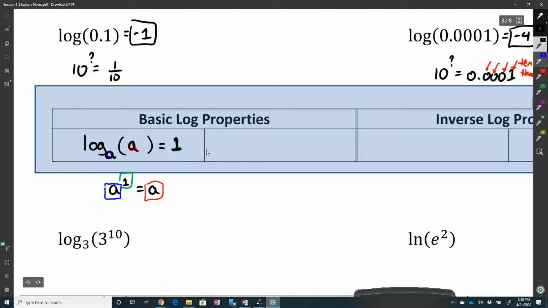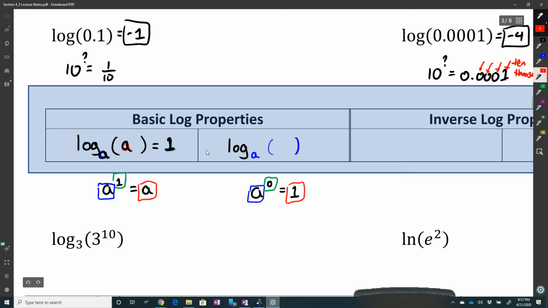The other rule that we all know is that a to the 0 is 1. So here's my base, here's my exponent, here's my answer. So if I convert this to a log, it's log base a.